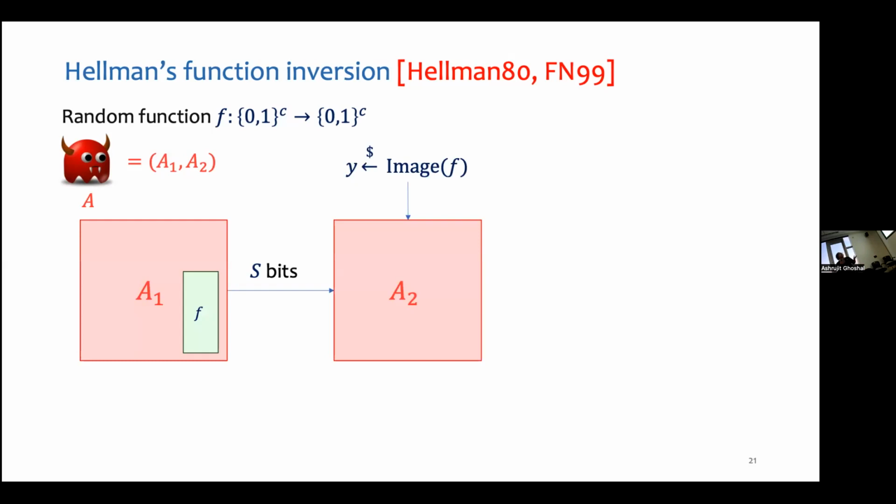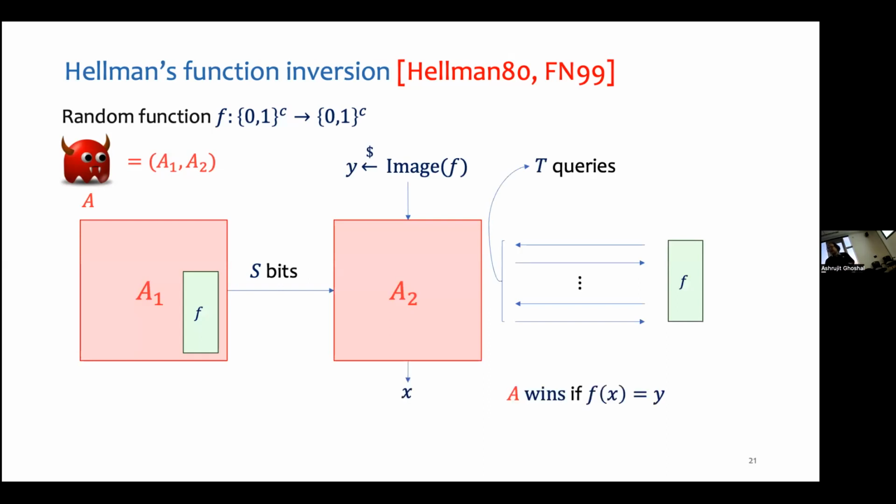In its online phase, it gets a uniformly sampled value from the image of the function, can make t queries to the function, and needs to output a preimage of its input. Hellman gave an explicit attack which achieves this advantage, which was the complicated looking term from before.